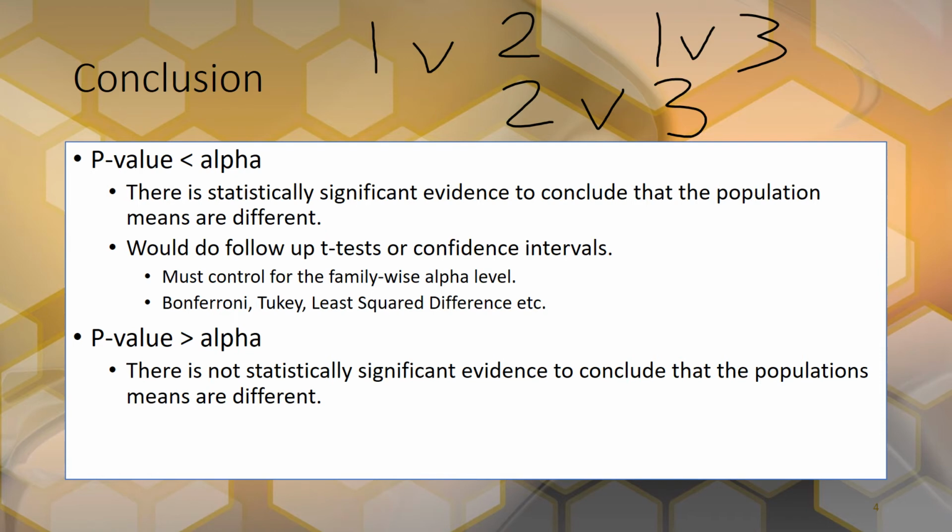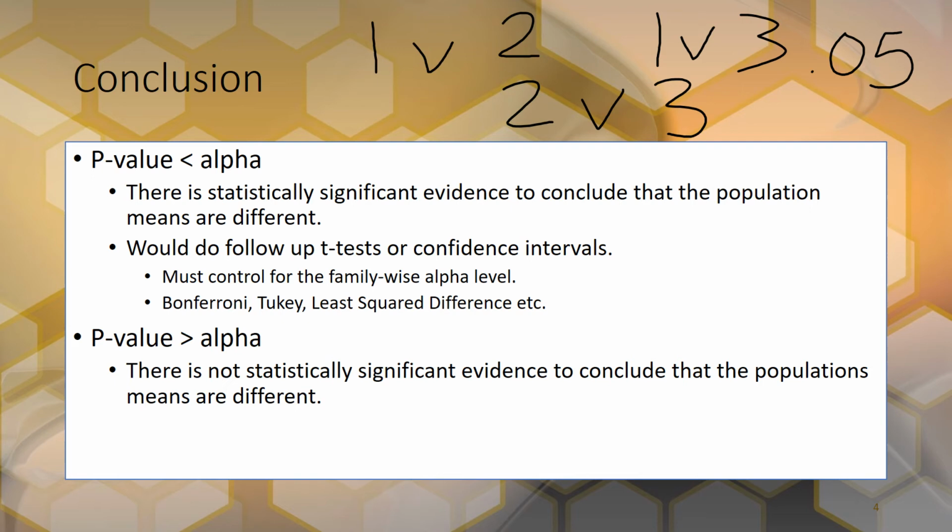Now, if you use an alpha level of 0.05 for each of them, and you do a confidence interval or a t-test for each of them, your family-wise alpha level is not going to be 0.05. It's going to be inflated. So you have to control for that. You can't just do regular t-tests or confidence intervals for them. You have to fix the alpha level.